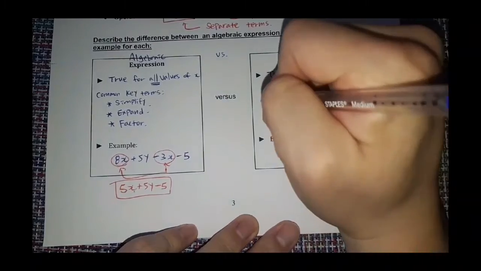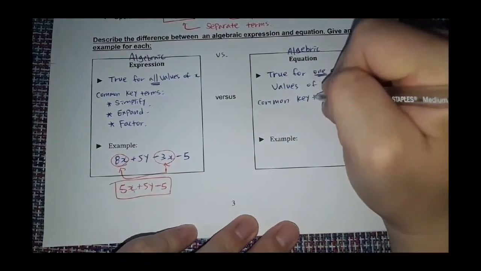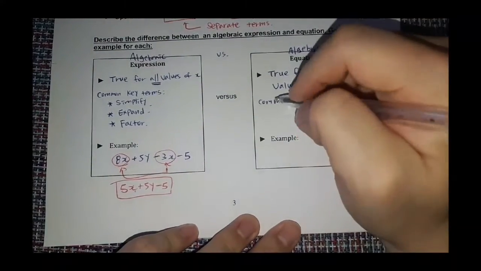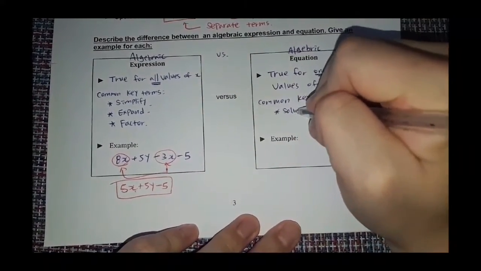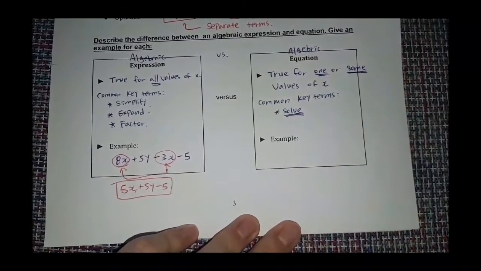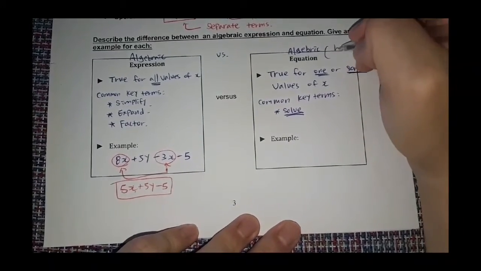That means if you think about common key terms in this unit, you will see something like solve an equation. That's a key term. We can solve for x is equal to something. And you also have an equal sign.